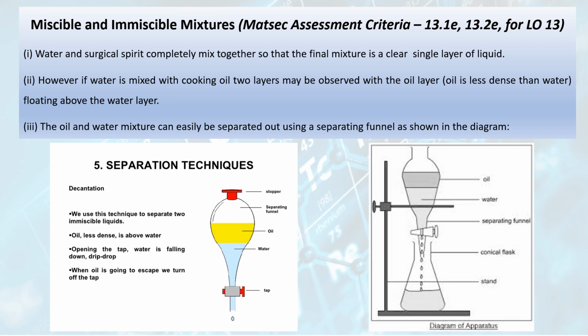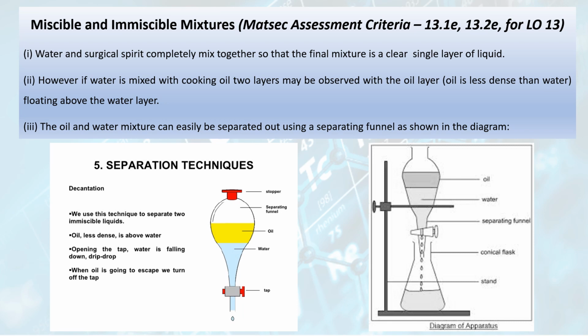Okay, it's a vinaigrette. He also does the separation using a blue colored dye. But I would like you to watch the video immediately after having understood the content of this lesson. It is directly related.